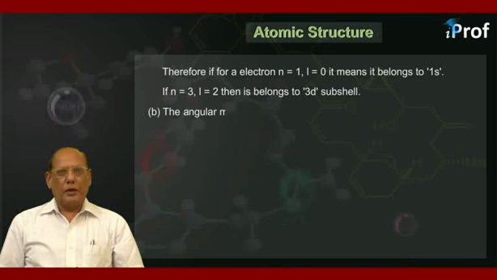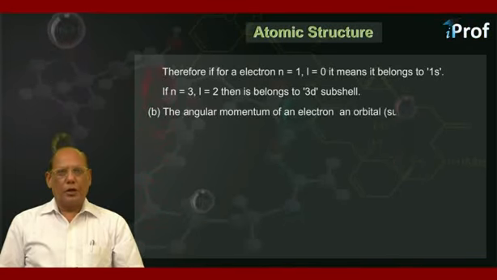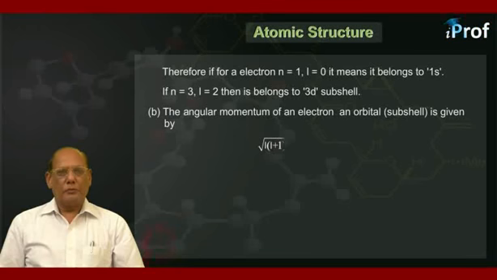B. The angular momentum of an electron in an orbital or subshell is given by under root l into l plus 1 multiplied by h upon 2 pi.